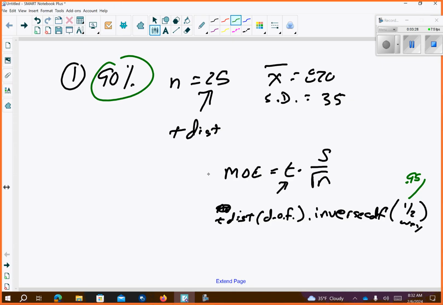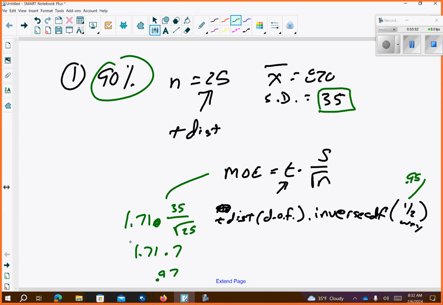So we'll have 1.71 times S, our standard deviation, times 35. So that's times 35 over the square root of our sample size. So that's going to become 1.71 times 7. So let's see, that's 7, 9, carry the 4, that's 11.97.